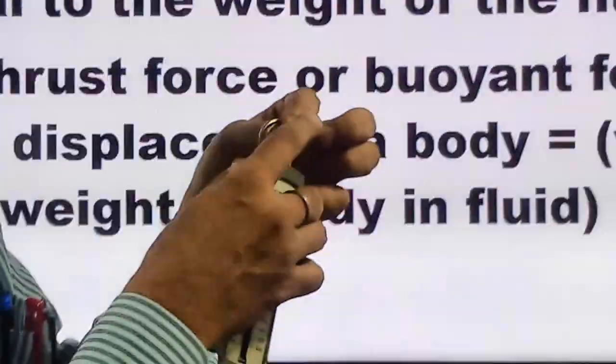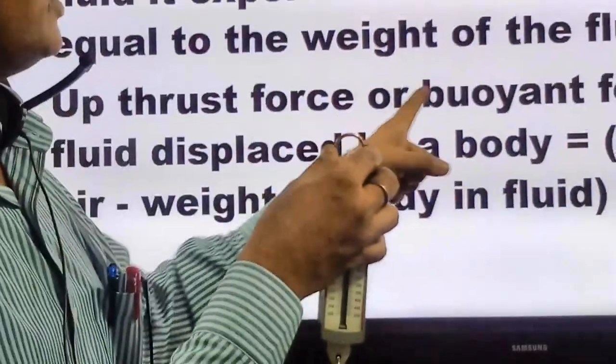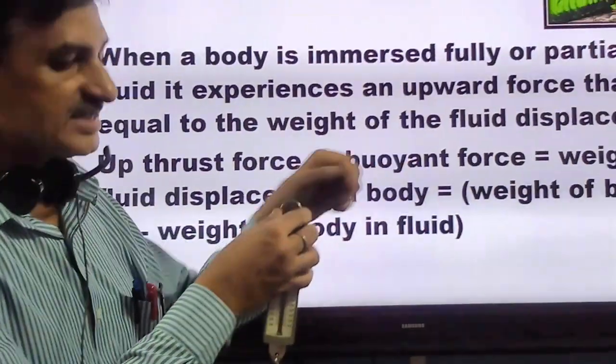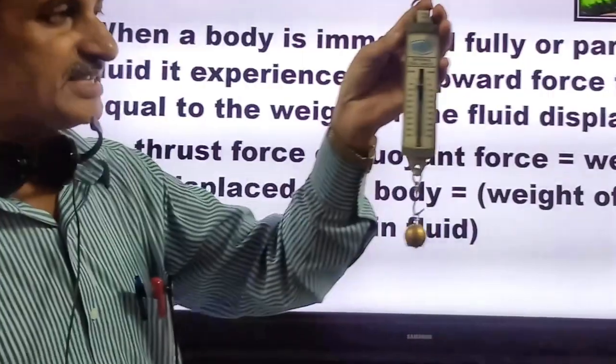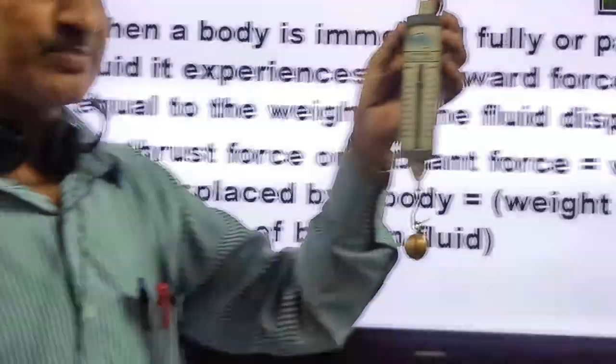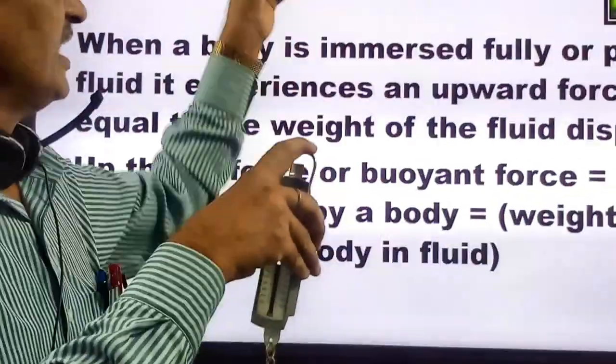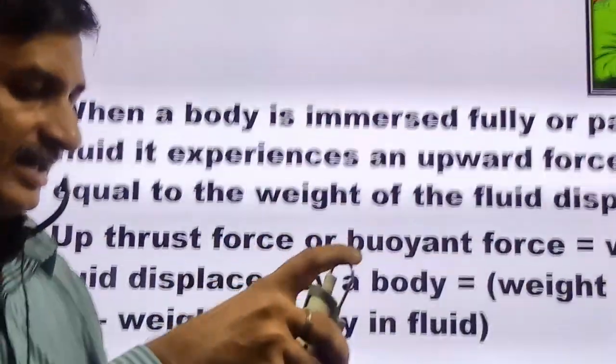According to this activity, we can say that the loss in weight or buoyant force is exactly equal to the weight of the liquid displaced by the body when it is immersed completely inside the water. By this simple activity, or you can say experiment, we can verify Archimedes principle.